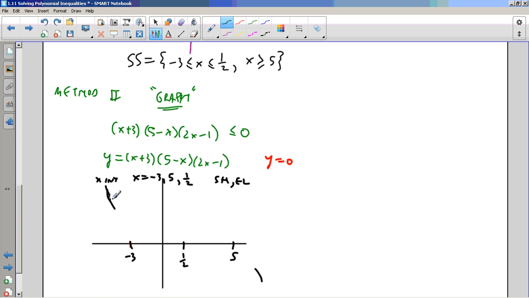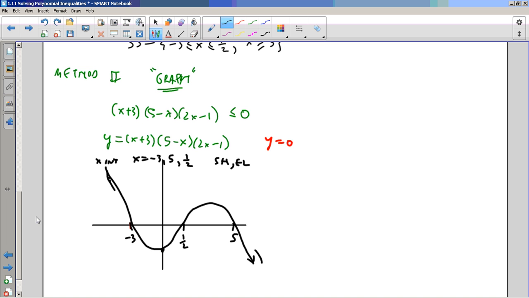I'd put the extra point in there for scale if I wanted to. When x is 0, y is 3 times 5 times negative 1.